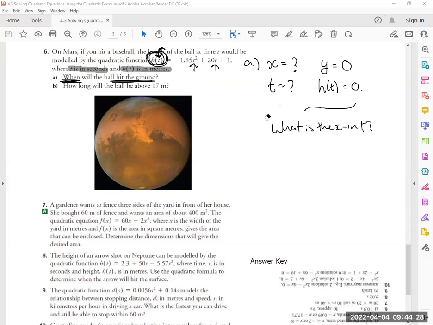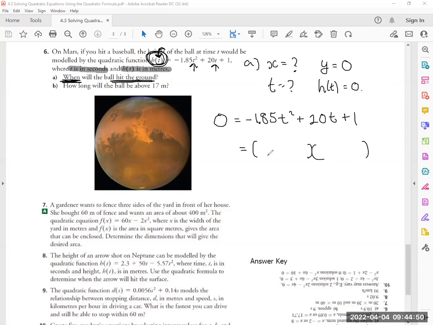Okay, so here it is. What is time when height is 0? I am going to plug in my height of 0 into the equation. And what does that give me? Well, something that's non-factorable. Wouldn't it be nice if we had two brackets, like time minus 1 and time plus 1?